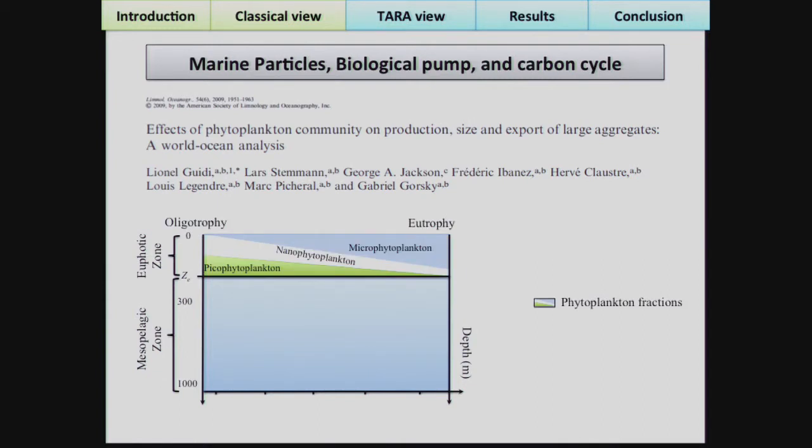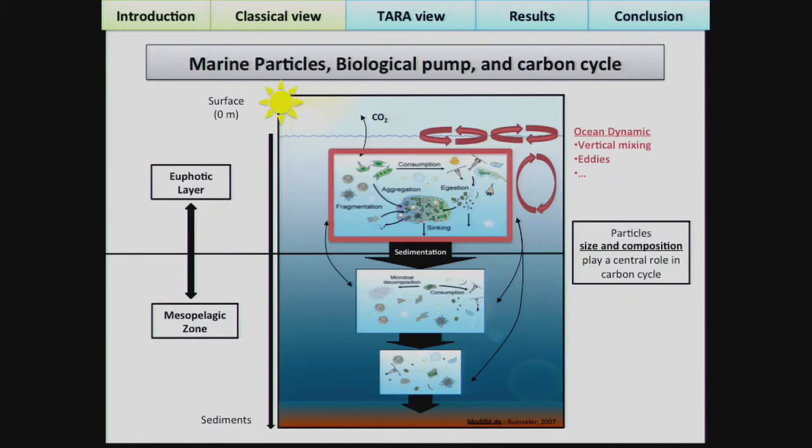The usual view is that when you go from a poor, oligotrophic region to a eutrophic region, the planktonic community changes from small cells to large cells, and that change is going to impact the export of carbon. But that's very simple, and Tara can bring a lot more information into the picture now.